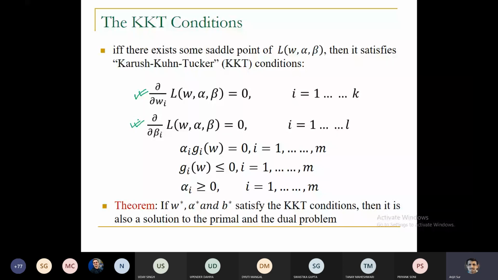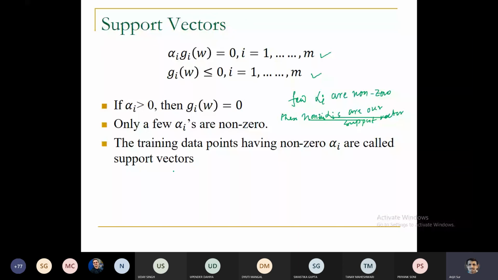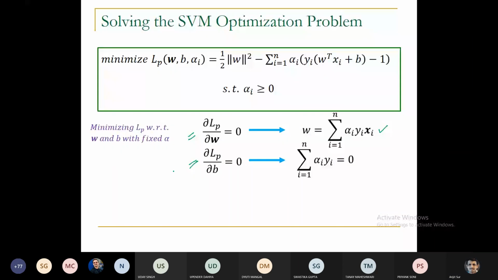Okay, and we get these three equations. The corresponding equations for our formulation are basically this and this. Now you know w.